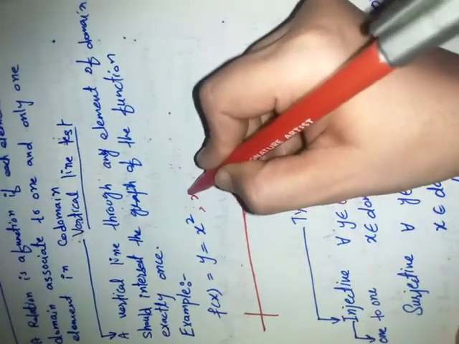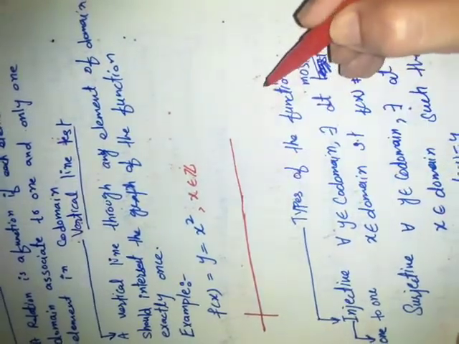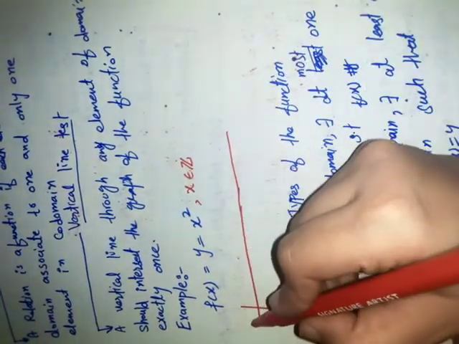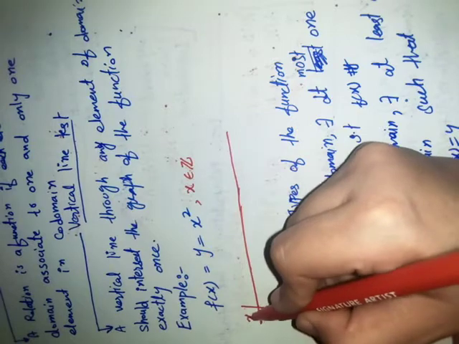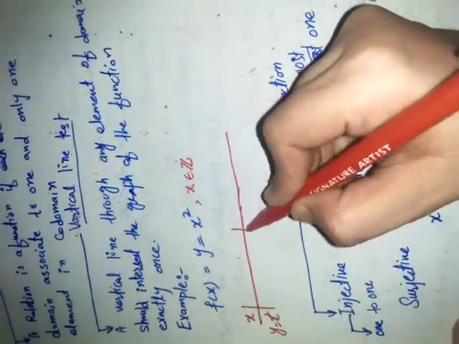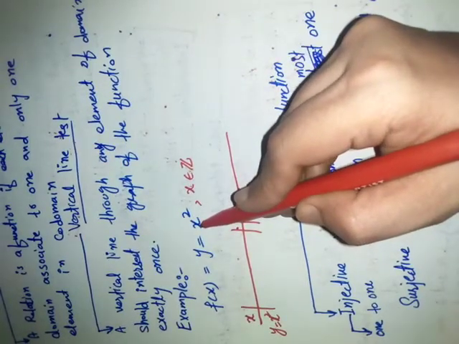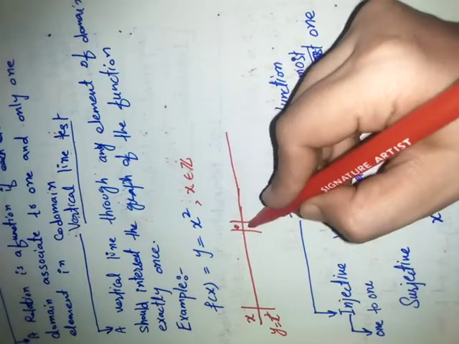If x belongs to the set of integers, you know the set of integers contains positive and negative numbers. Here is x, here is y, that is equal to x square. If you put 0 in place of x, then the value of y is also 0.